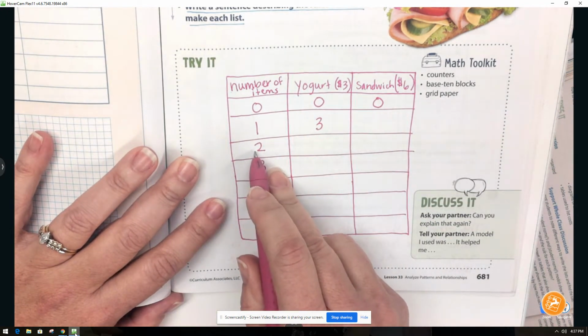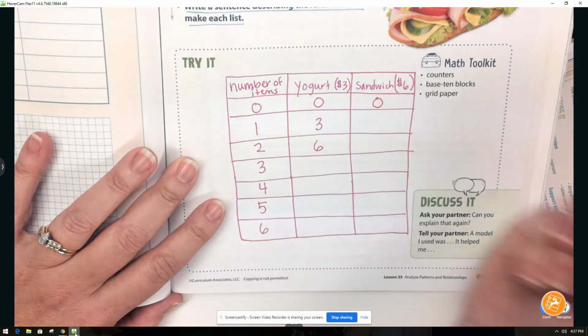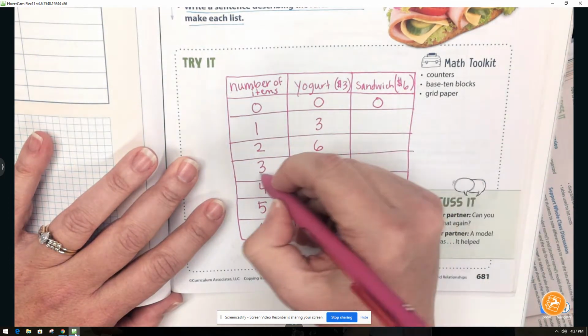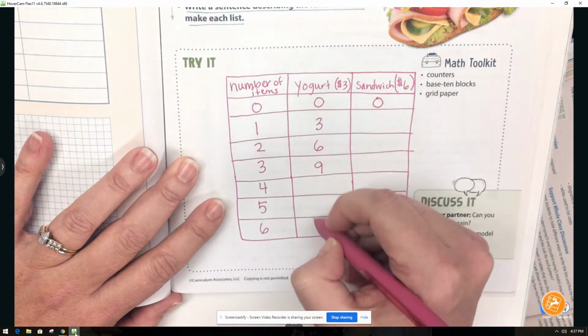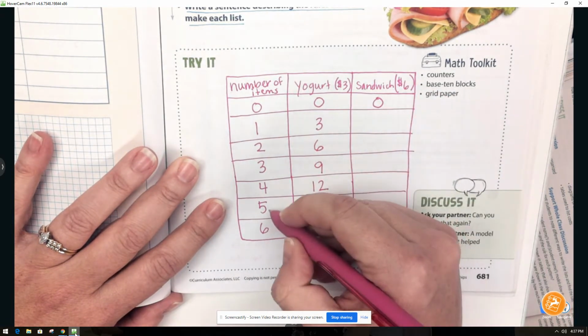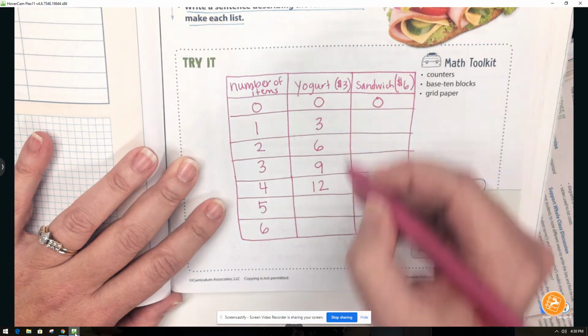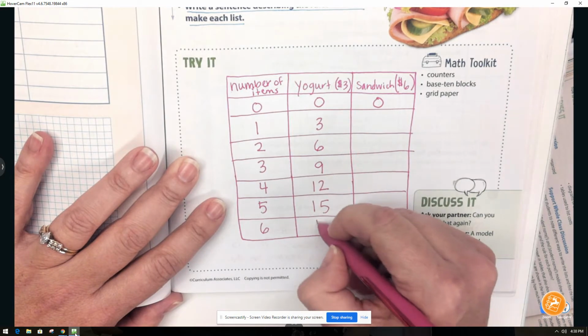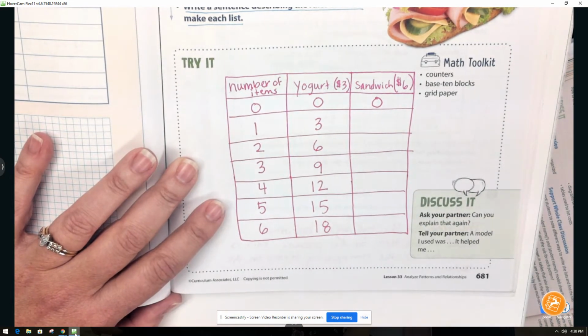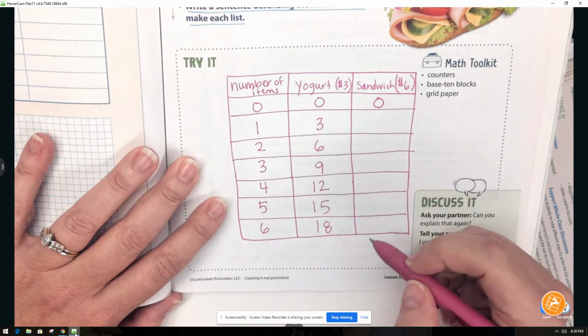If I had 2 yogurts, it would be $6. 3 yogurts would be 3 times 3, which is $9. 4 yogurts is 4 times 3, which is 12. 5 yogurts is 5 times 3, which is 15. And then 6 yogurts would be $18. So that's how much all of the yogurts would cost.